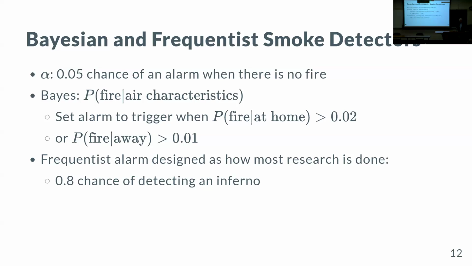So they're powered to detect a 20% mortality reduction. So that translates to a smoke alarm that says if there happens to be an inferno in your house, it's already half burned down, and the fire is putting flames 50 feet into the air, you have an 80% chance of detecting that. That's the exact analogy to how we do most clinical trials. Doesn't make any sense.